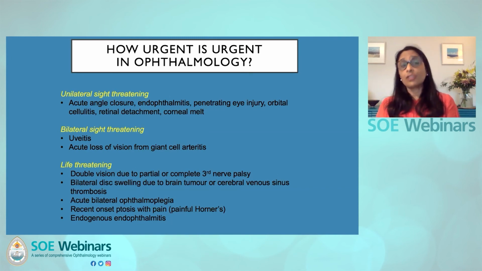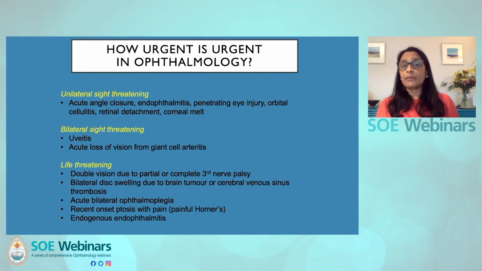One of the ways to look at it would be to divide things into sight-threatening or life-threatening problems. Some of the things that cause unilateral sight-threatening problems are conditions like acute angle closure glaucoma or endophthalmitis.